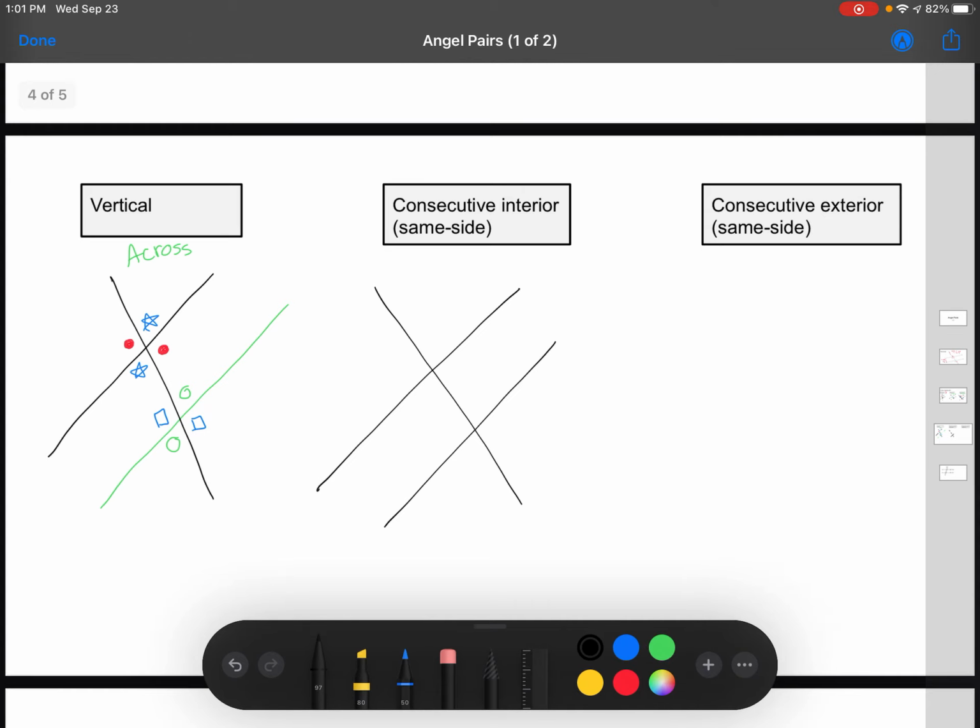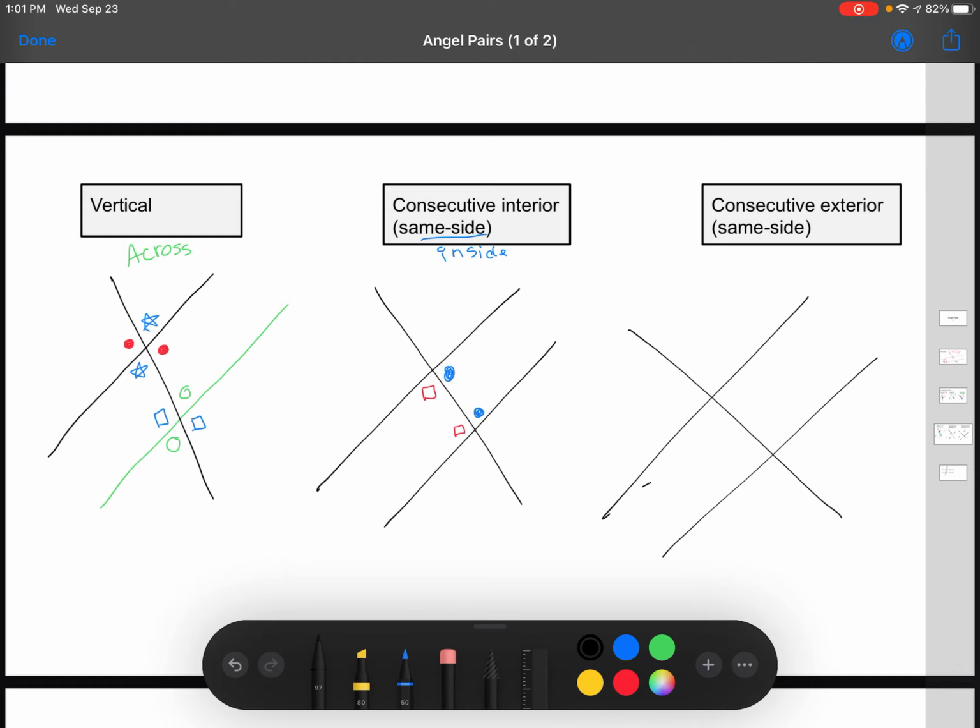It's another name for it. So it has 2 names, consecutive interior or same side interior. Remember, interior is inside on the same side. So this one goes with this one. Or this one with this one. Right? They're on the same side this time, and they're both on the inside.